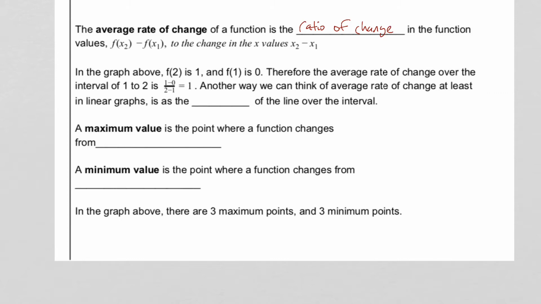So in our previous example, we had a graph that was going up between the interval of 0 and 2. The average rate of change would essentially be the change in the x values. And we're going to break that down in just a moment.